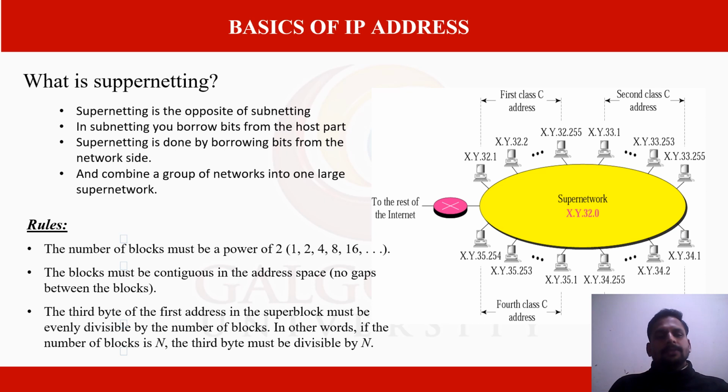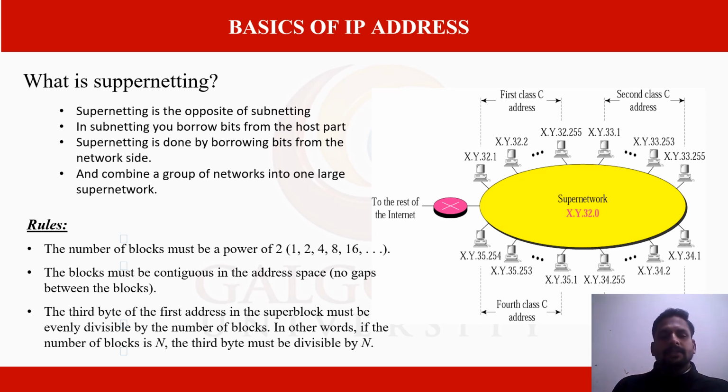Okay, you see the definition here. Supernetting is the opposite of subnetting. In subnetting, you borrow bits from the host part. So if it is the opposite operation, we are going to borrow some bits from the network ID, not from the host ID, because subnetting does that borrowing from the host ID. Okay, so supernetting is done by borrowing bits from the network side.